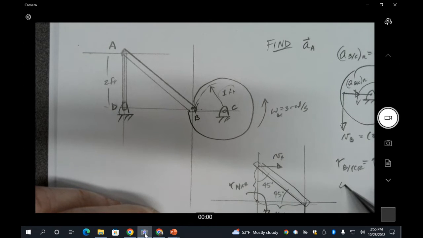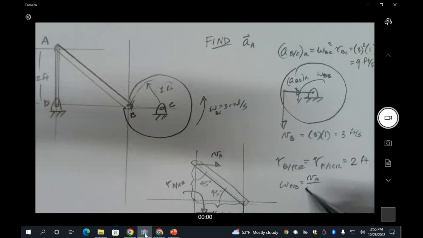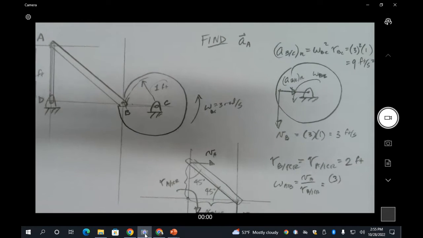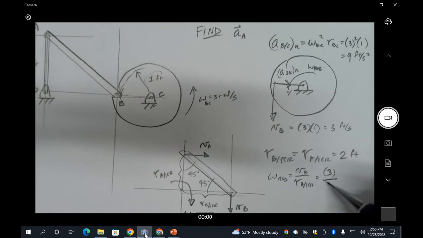So omega AB is going to be equal to VB divided by, I'm sorry, R B with respect to ICR. So we're just going to have 3 feet per second divided by 2, or 1.5 radians per second.